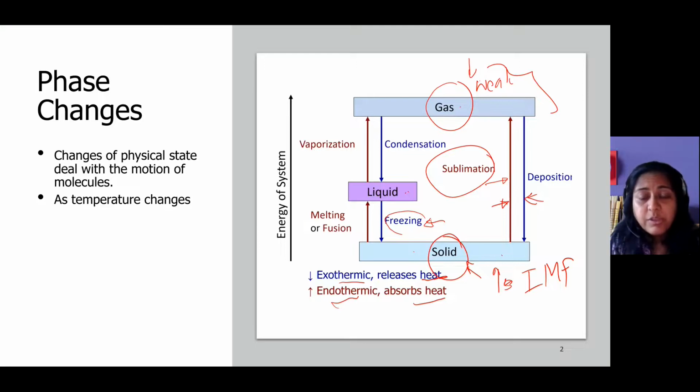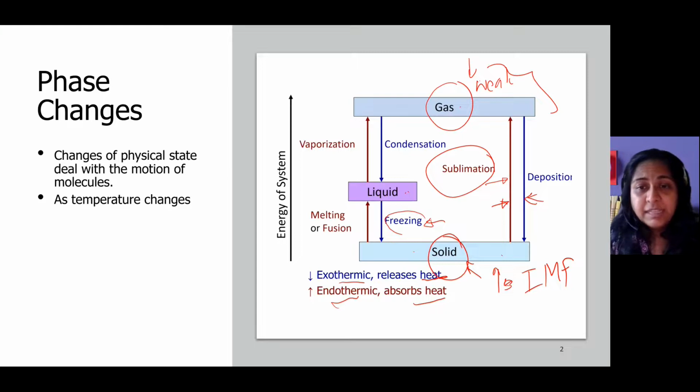So what should we do? We need to break the strong intermolecular forces in the solid to change it to a gas. If we want to break those strong intermolecular forces, we need to give energy in. That's an endothermic process. It absorbs. That process needs energy.